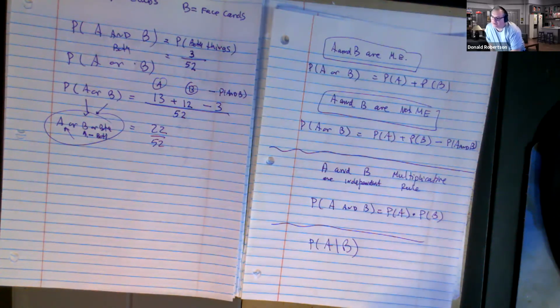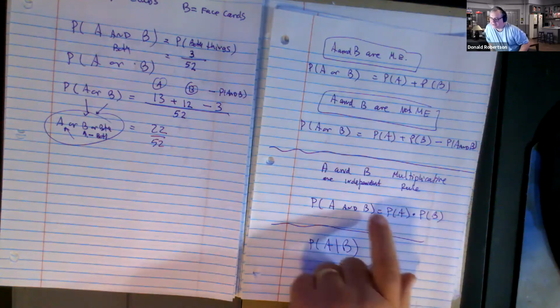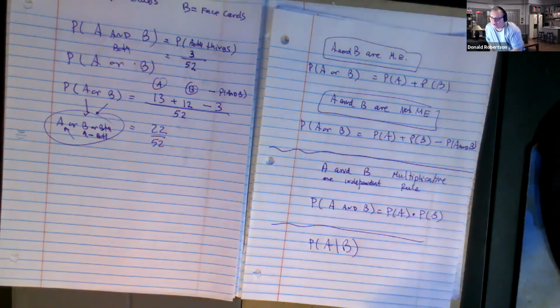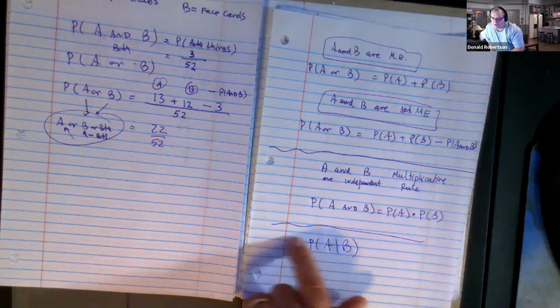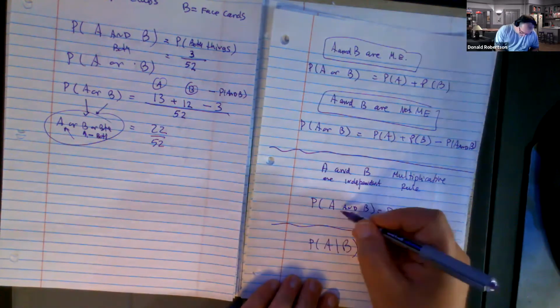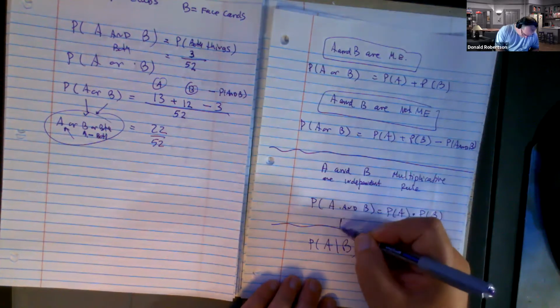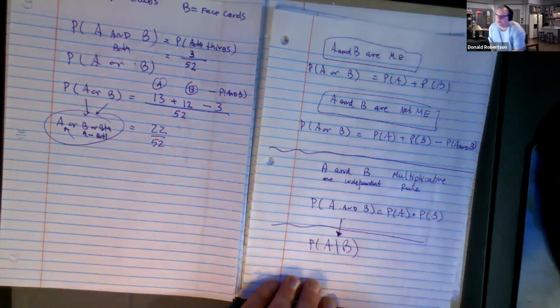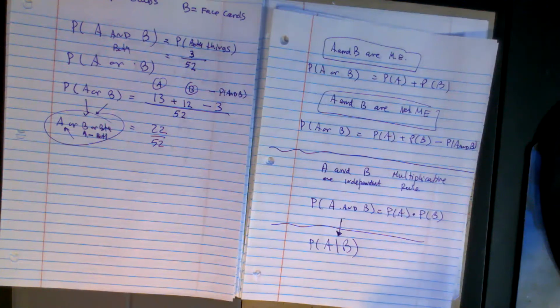You could do it other ways, but you can't do it by multiplication. I would just say, how many red cards are face cards? And I'd put the number at the top. I wouldn't use a formula. I would just count how many times it happens. That would probably be the best. Or you might want to use some conditional, what's the probability of A given B? That's not giving you ands, but when they are dependent, that is important.